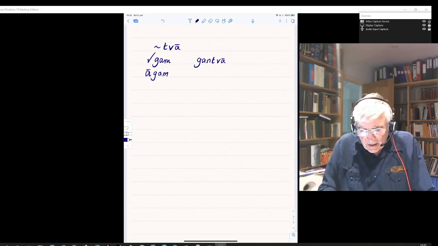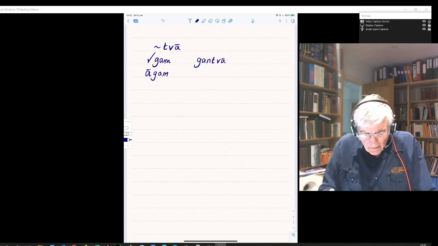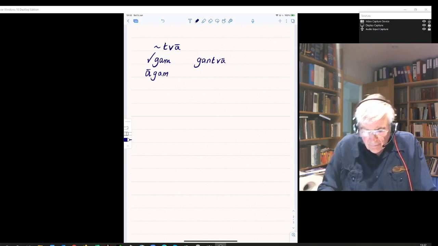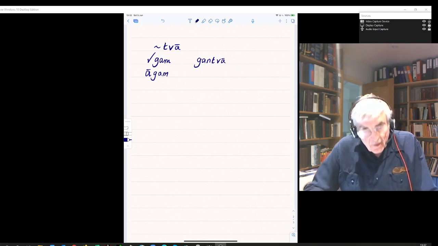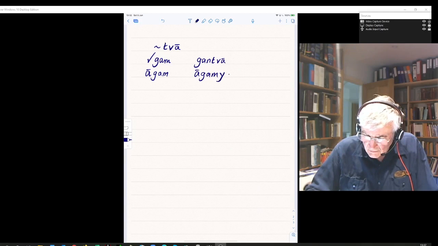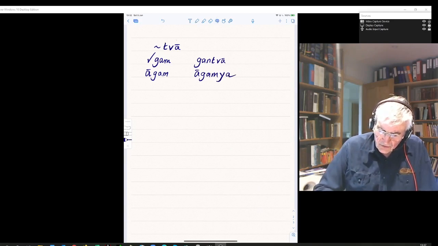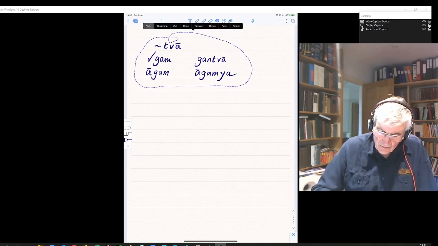So gam, gantvā, han, hantvā, and so on, correct. But with āgam, you've got to add ya, not tvā. So in Sanskrit, it becomes āgamya, having come. Now just make all this red to emphasize that this is Sanskrit.